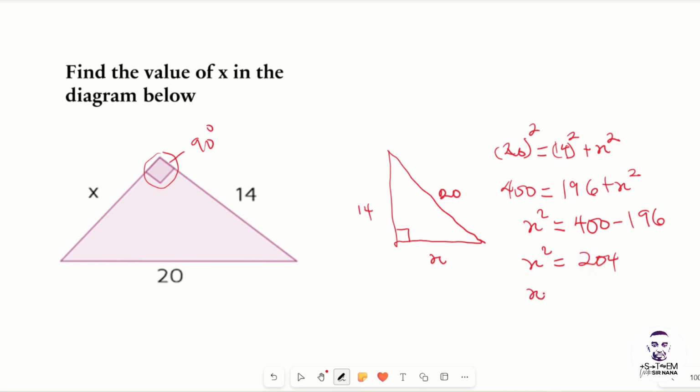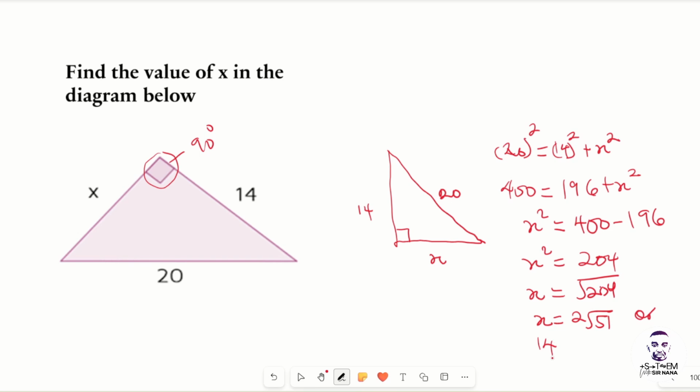So our x should be equal to the square root of 204. If we find the square root of 204, that should give us 2 root 51. So x is equal to 2 square root of 51. You can leave your answer in this form as 2 root 51, or you can decide to find the decimal place.